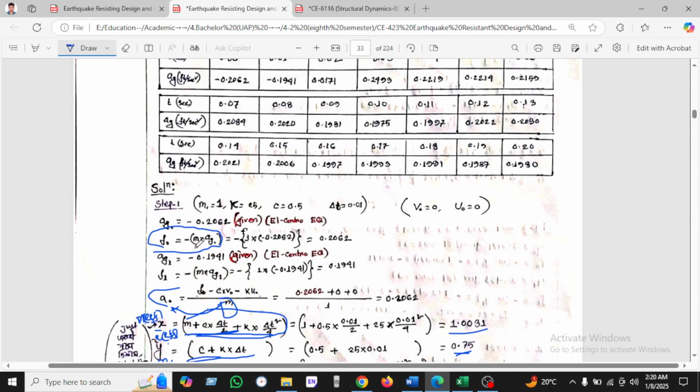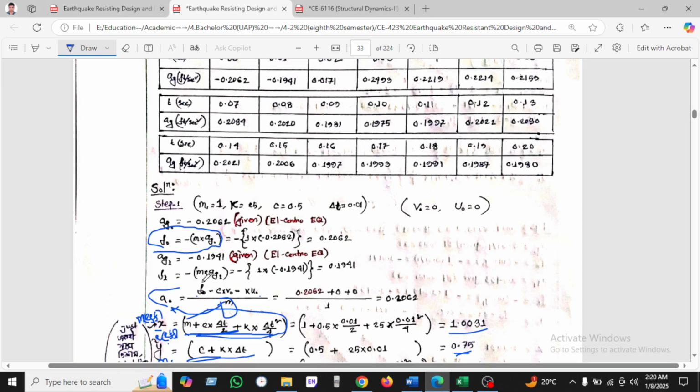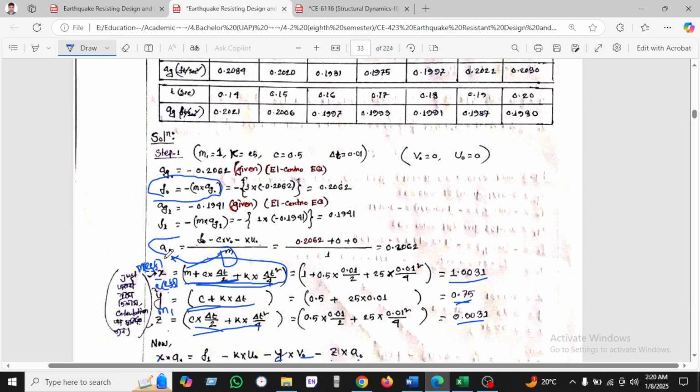And F1, how will we get F1? F1 is nothing but minus m into a. So minus m into a: this is the a, and this is the m. And a, how will we get a? It is coming from this equation.